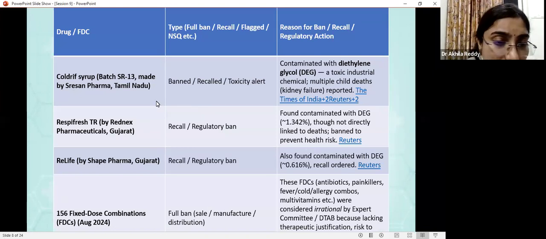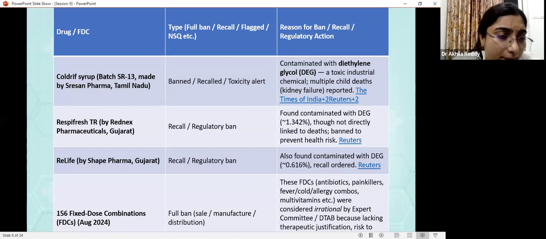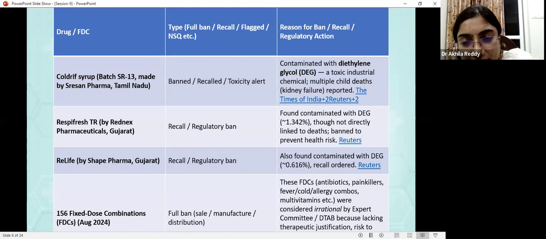Can you see this? Yes, Coldrif syrup batch SR13 made by Sresan Pharma, Tamil Nadu. It was banned, recall, toxicity alert. So firstly, what happened? It was contaminated with diethylene glycol, a toxic industrial chemical, causing multiple child deaths.